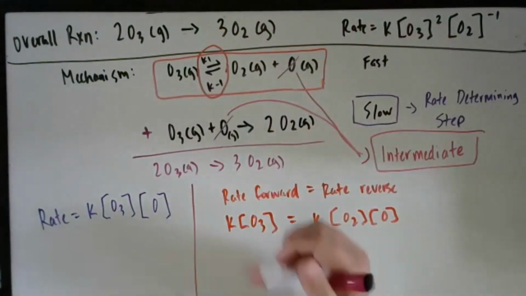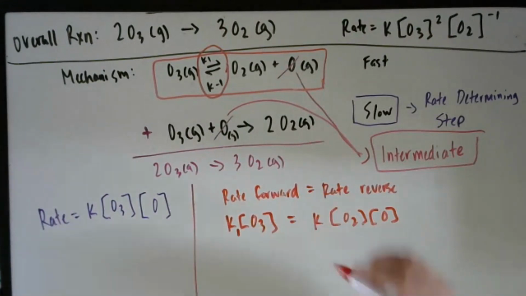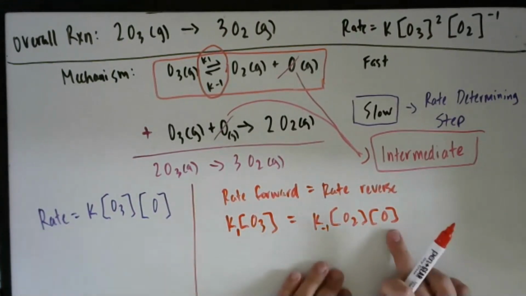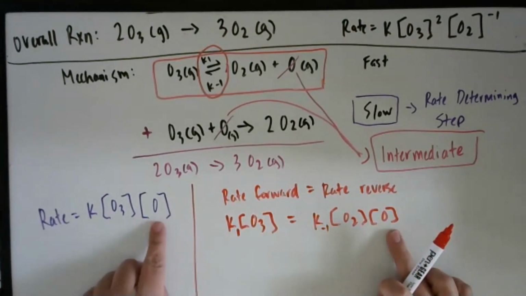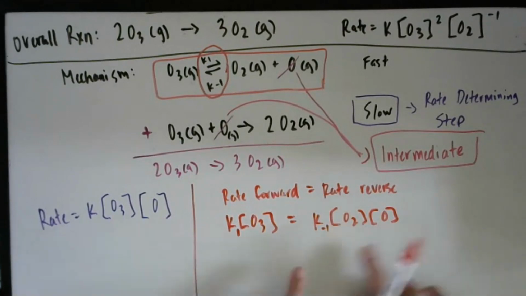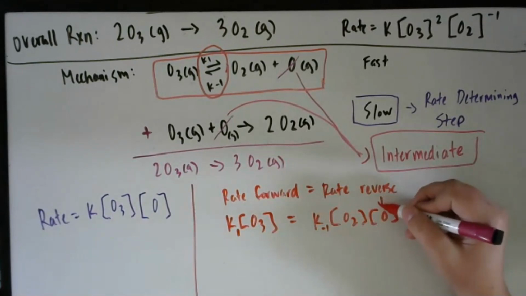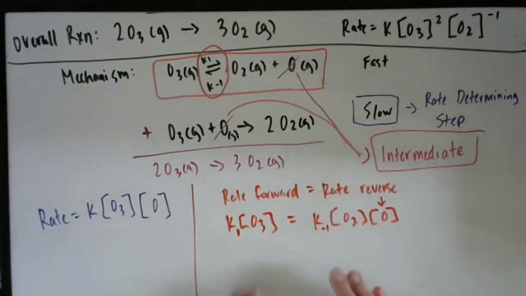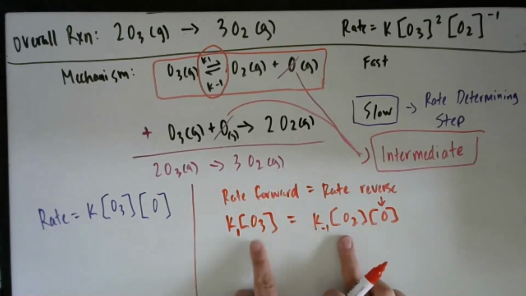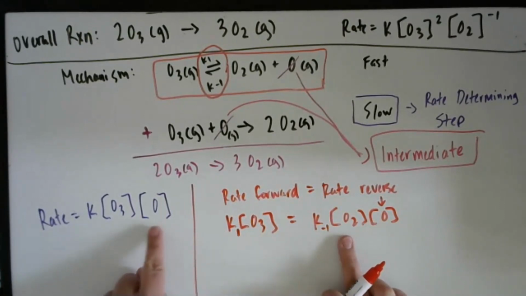And we can call this K1 and we can call this K -1. Now, what we want to do is find something that we can substitute in for this singular oxygen. So if I take this expression here and I solve it for my singular oxygen, I'm going to have an expression that does not use an intermediate that I can plug back in here to my rate law.